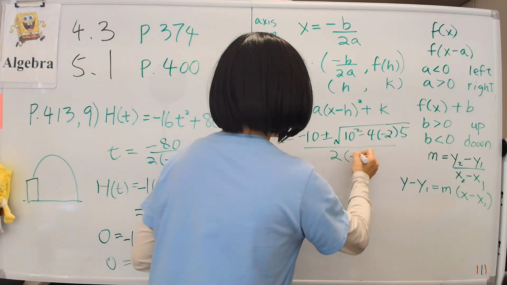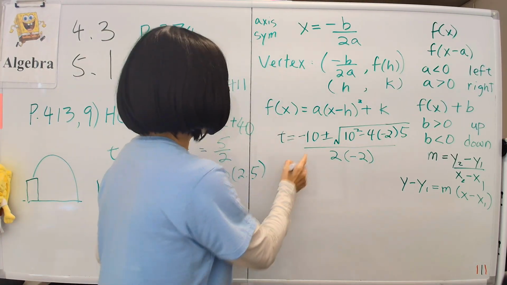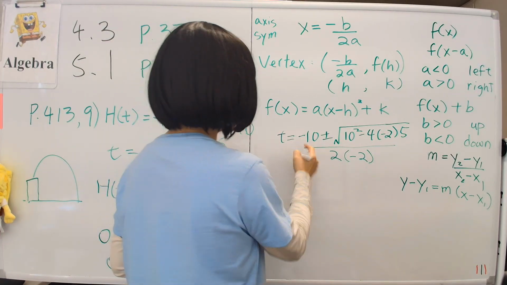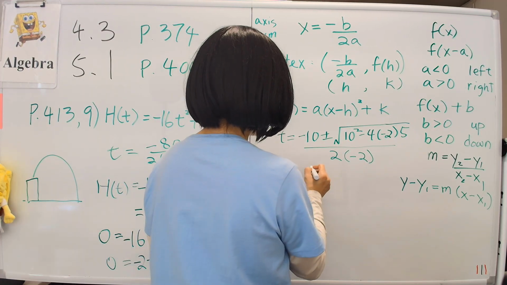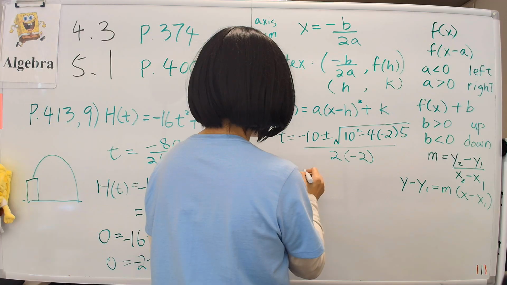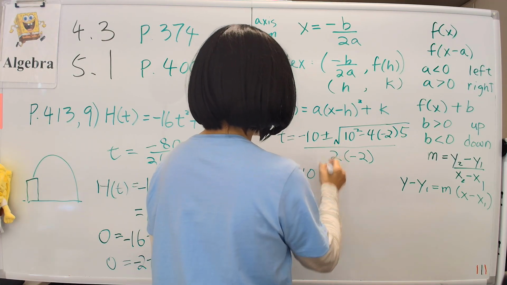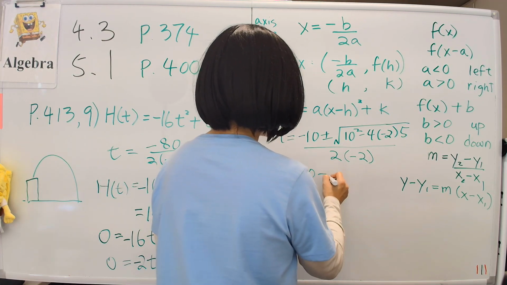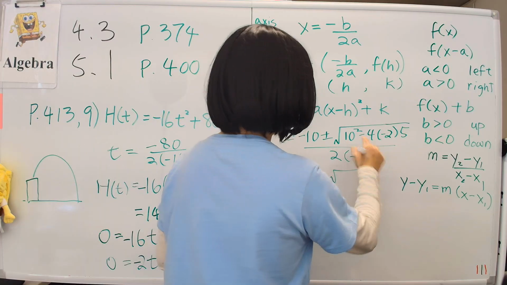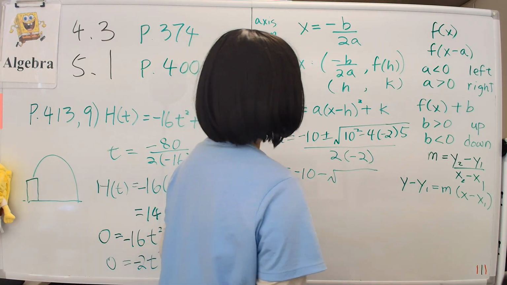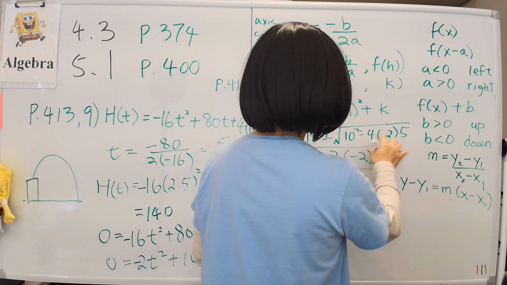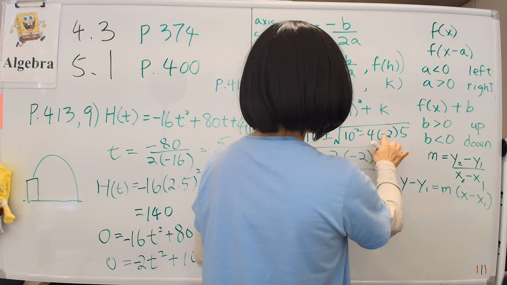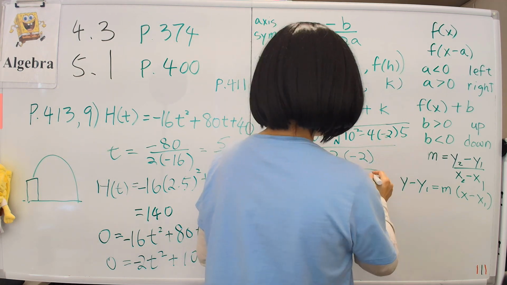The minus sign is critical. Let's look at the minus version first: minus 10 minus the square root of whatever this is. That's 100 minus 4 times minus 2 times 5, which becomes a plus, so plus 40.